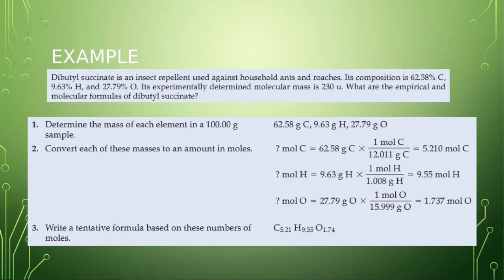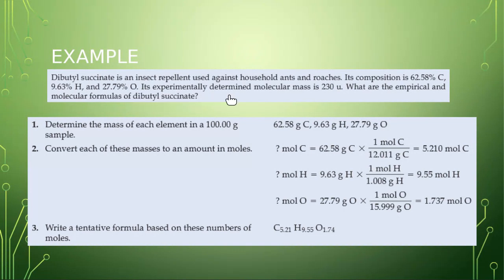What is that? This is dibutyl succinate, an insect repellent used against household ants and roaches. Its composition is 62.58% carbon, 9.63% hydrogen, and 27.79% oxygen.